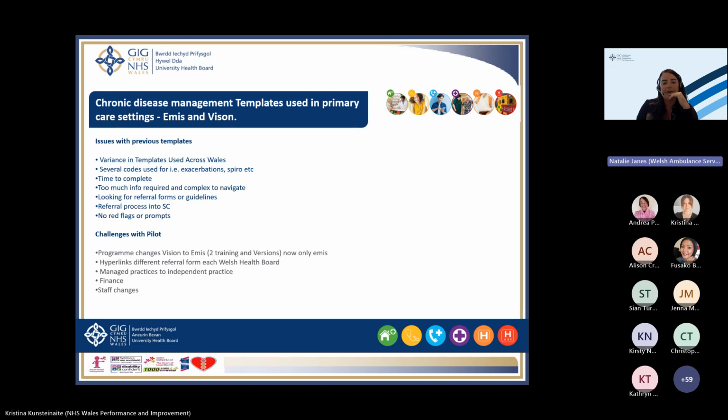Within ABHB, we had a few managed practices as part of our pilot, and these reverted to independent practice, and then came back to managed practice. So again, a change in system, a change in management, a change in your clinicians, so a lot of education and training.